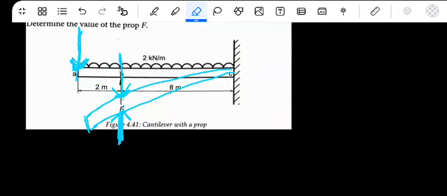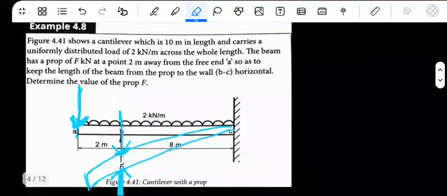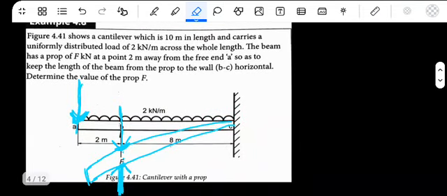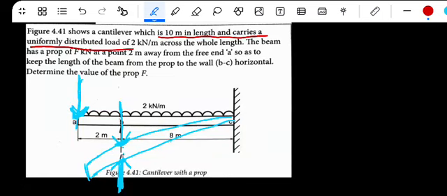All right, so this is what we have there, and that will take place like that. It says Figure 4.10 shows a cantilever which is 10 meters in length and carries a uniformly distributed load of 2 kN/m across the whole length.